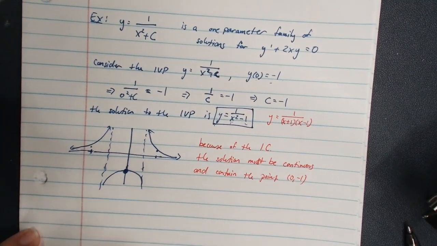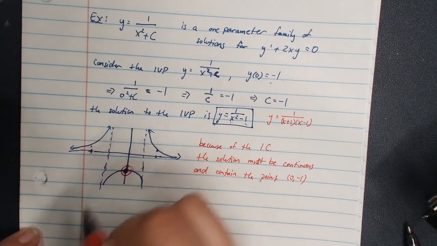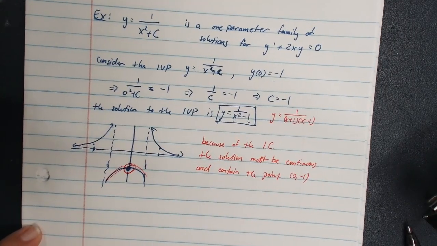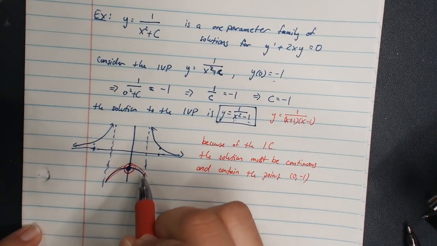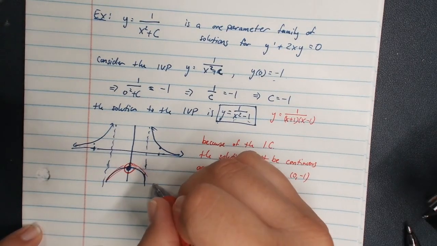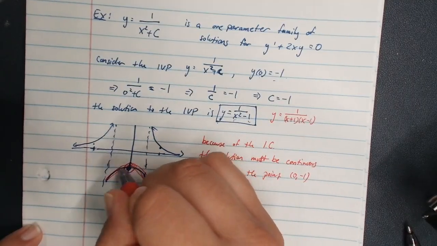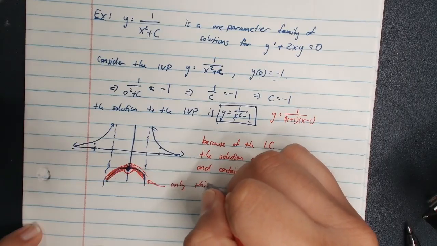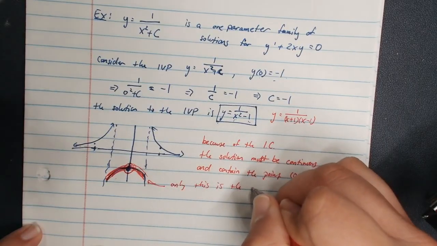Okay, so then I can't just pick one. It has to be specifically this one, the one that contains the point 0, -1. So if I were to ask for the solution curve, I would want only this piece right here. Only this is the solution curve.